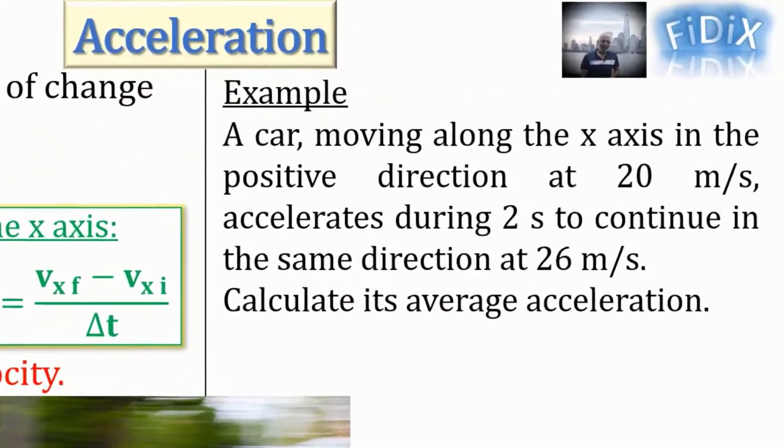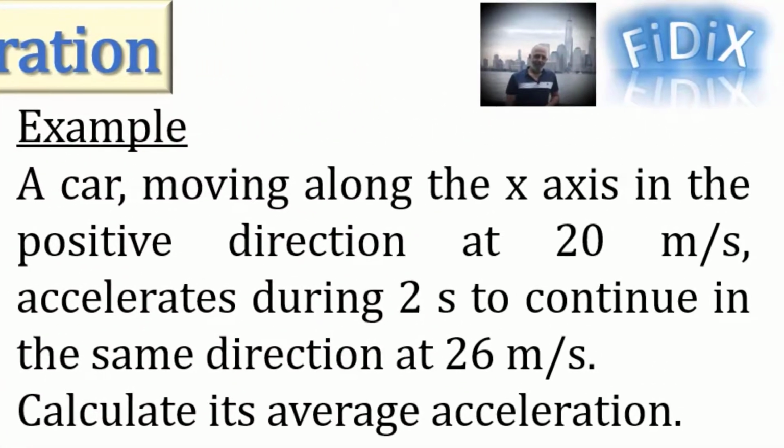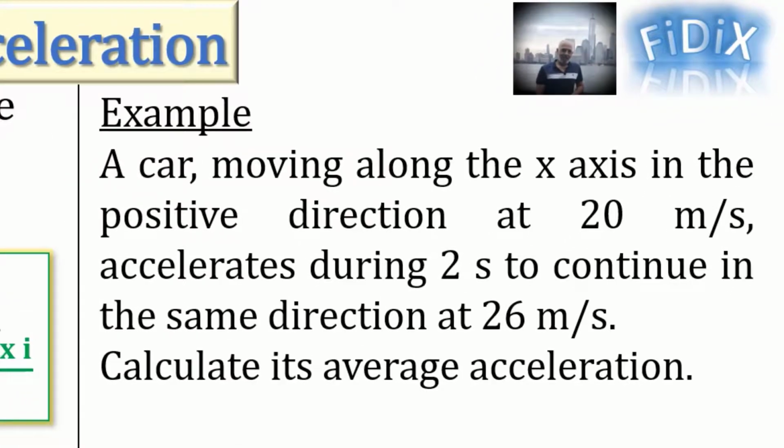Example: a car moving along the x-axis in the positive direction at 20 meters per second accelerates during 2 seconds to continue in the same direction at 26 meters per second. Calculate its average acceleration.